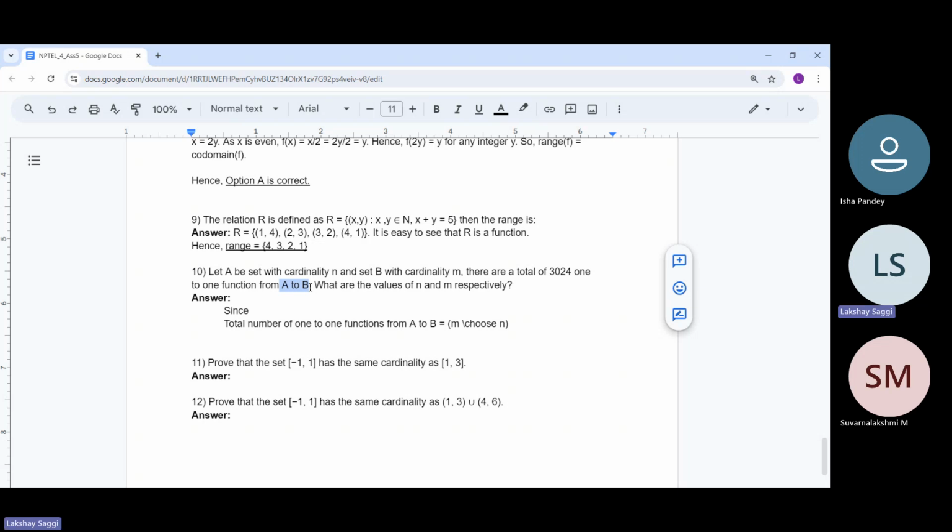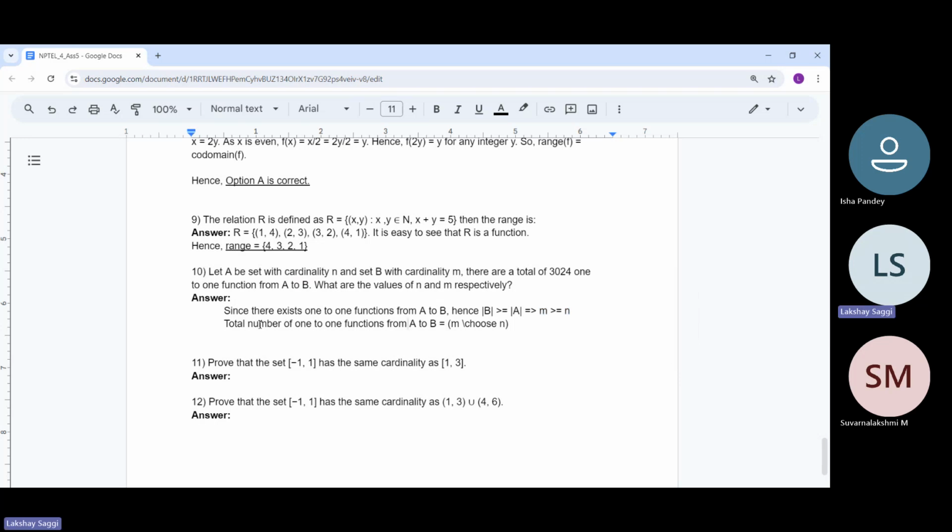So the cardinality of set B should be at least as large as A. Hence m is greater than or equal to n. So first things first, we know that m is greater than or equal to n. The cardinality of B was m, the cardinality of A was n.